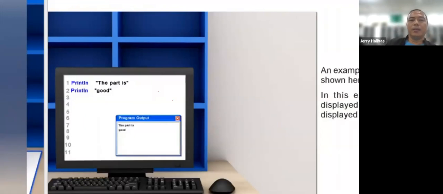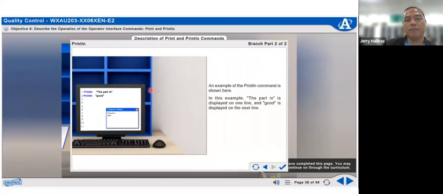In basic commands, what you use is print. When you use print line, it will add additional lines. So you can use print line for the part is, then for the next one, just print. Add a space in the string, so that the part is good, so they don't stick together. Okay? Let's proceed.